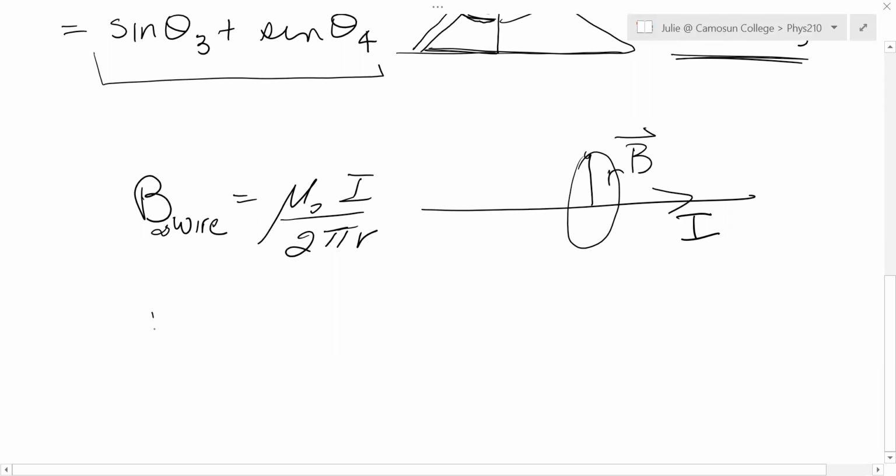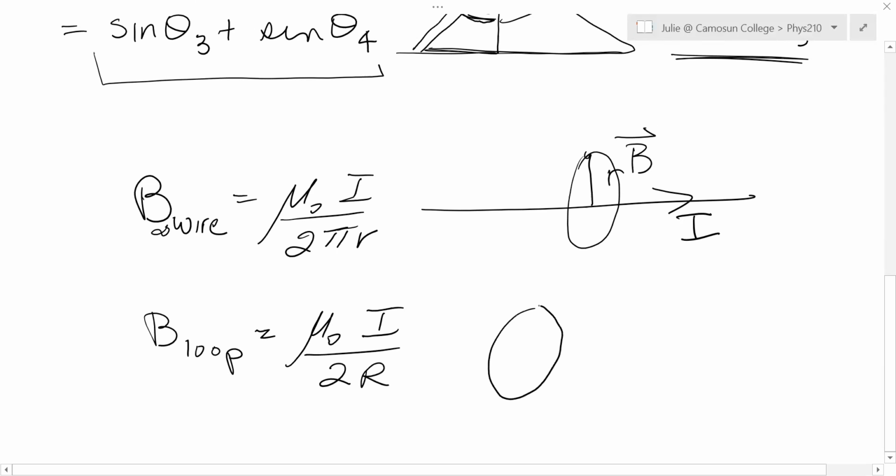But if you do a loop, then you flip this. There is no pi. So now the current is a circle, and the magnetic field is a straight line. So this is B loop, and this is B infinite wire. And this one, the loop, has no pi. Okay, so be careful of those two.